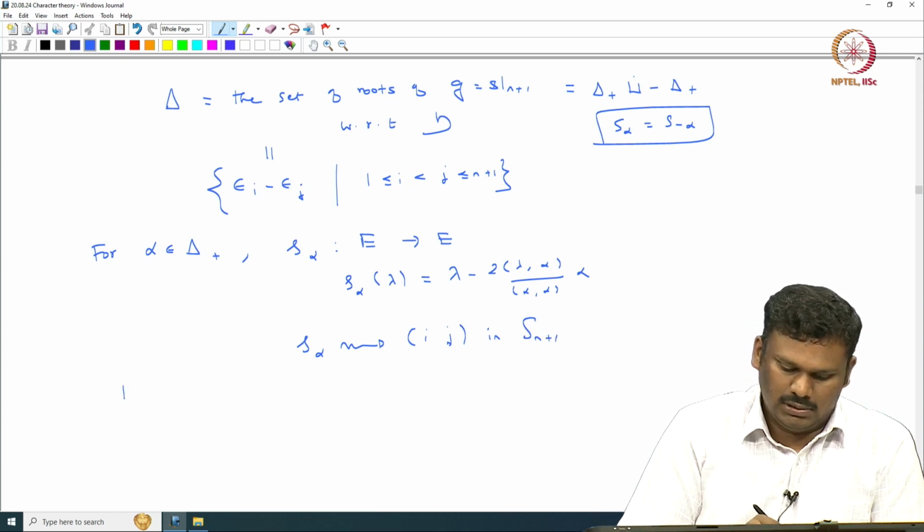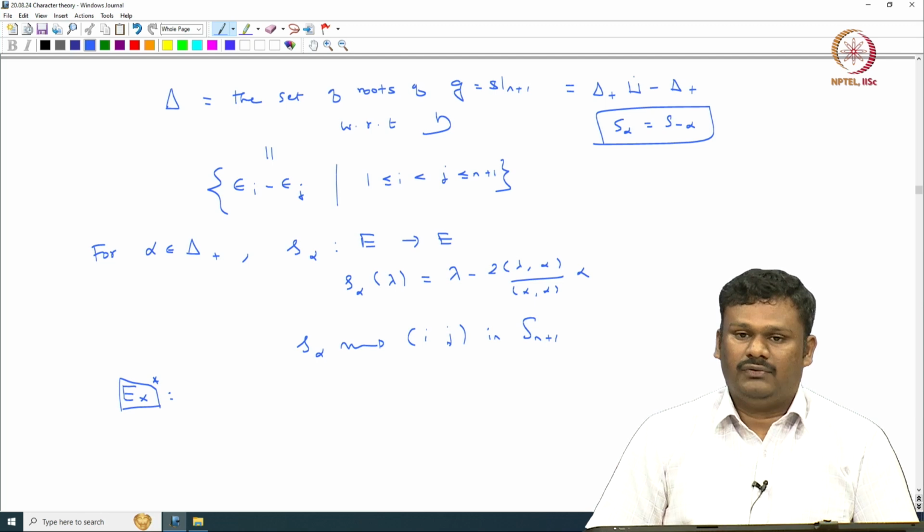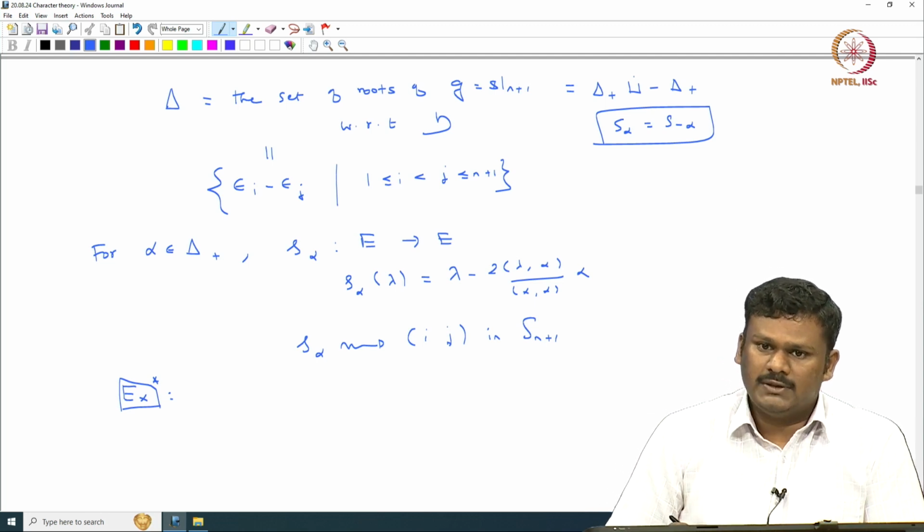Indeed, here is the star exercise. It is not very hard, but it actually requires some understanding of these reflection subgroups.